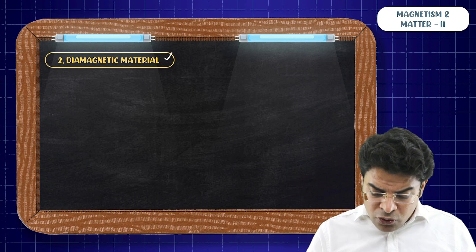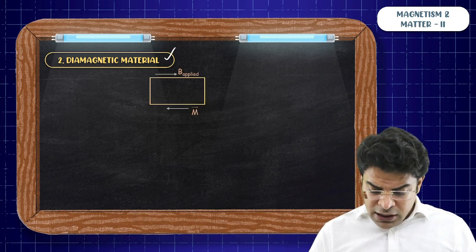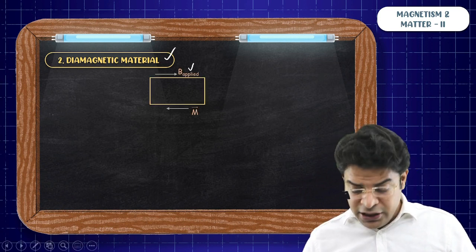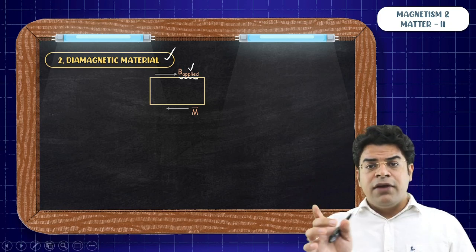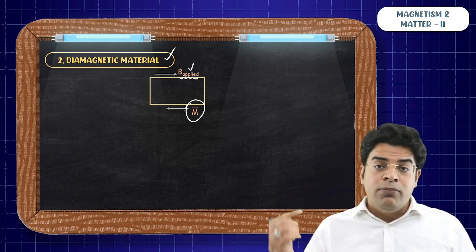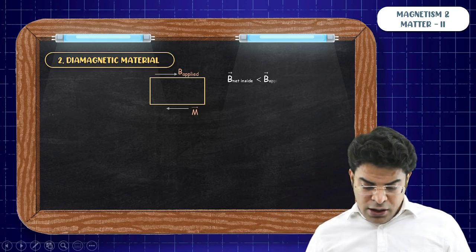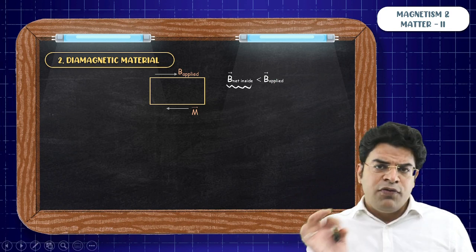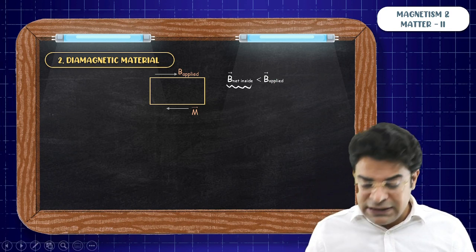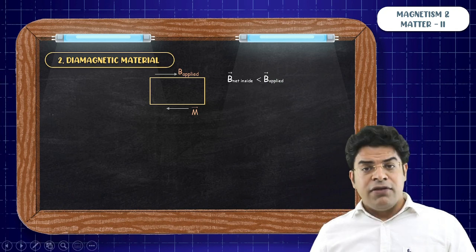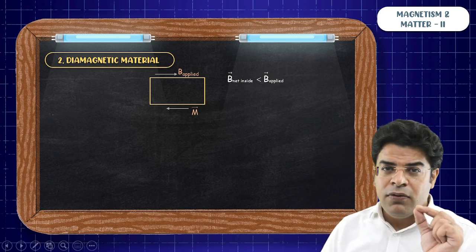Now let's talk more about diamagnetic material. If you have got a diamagnetic material and you apply a magnetic field towards right, it develops a magnetic moment in the opposite direction. So we say that the net magnetic field inside a diamagnetic substance is less than the applied magnetic field. Now think here for a second.